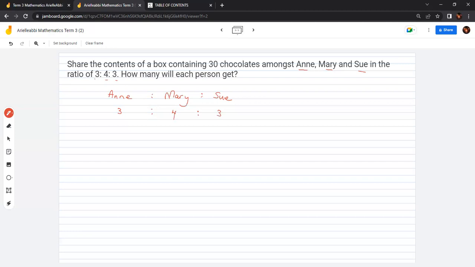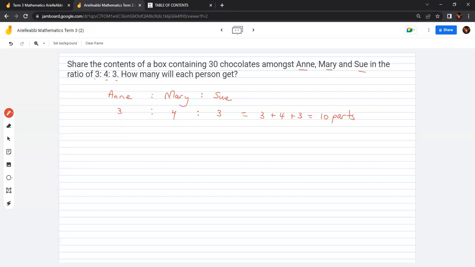We can first start by finding the total number of parts. So as I did, I took the 30 chocolates and broke it equally into 10 parts.